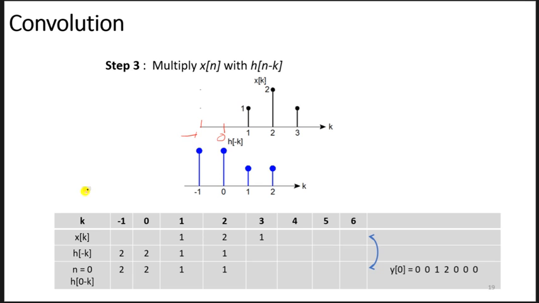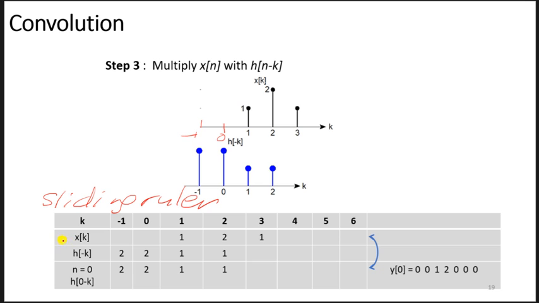Okay, cara yang mudah adalah you tuliskan dalam bentuk table, ataupun kaedah ni dinamakan sebagai sliding ruler. So K is sample number, okay, and then XK apa value dia, H minus K apa value dia. So you tuliskan dalam bentuk table, senang sikit, then you buat you punya operasi of multiply.